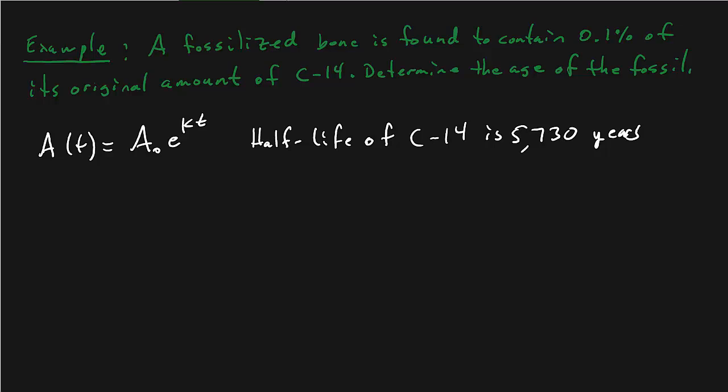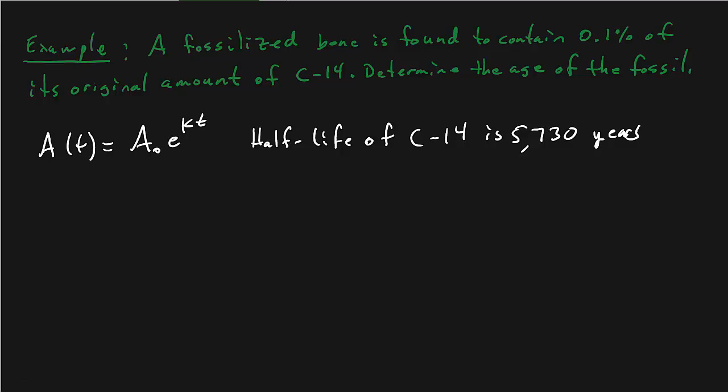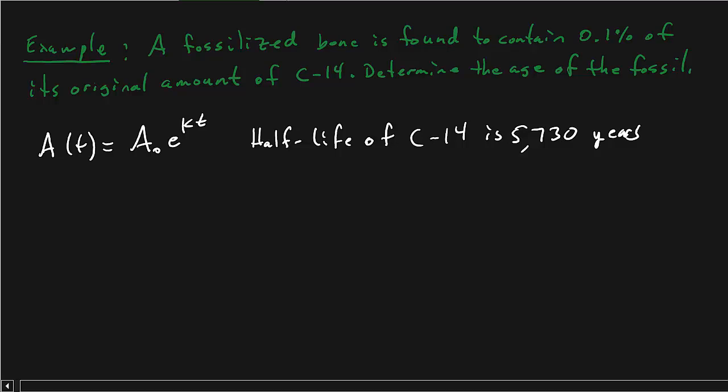But today, the commonly accepted value is the Cambridge half-life, which is close to 5,730 years. Your teacher might tell you to use a different number, but it still works the same. So we know after 5,730 years, we're going to have half the initial amount.